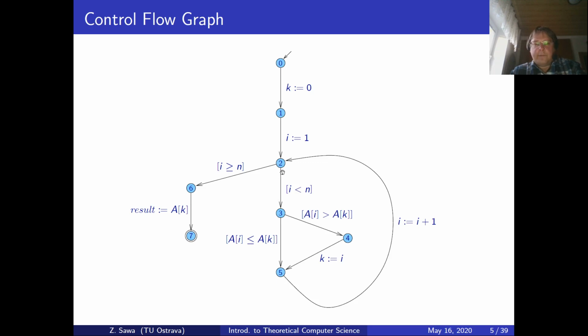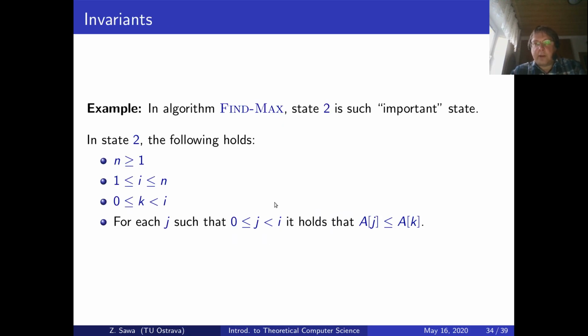So in a slightly more informal way, we could just specify the invariants that hold in this state, or we can say several invariants, or they can be viewed as a single invariant that is a conjunction of these conditions. What is important is that the value of n is greater or equal to 1, that the value of i is between 1 and n, and it can be equal to 1 and equal to n.